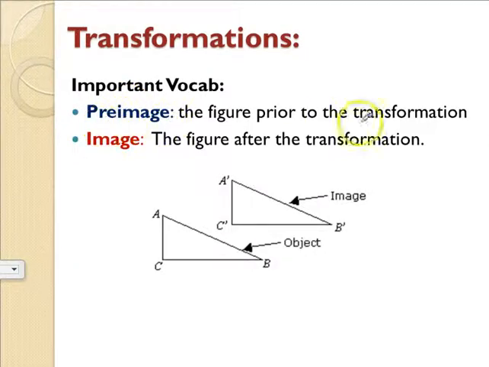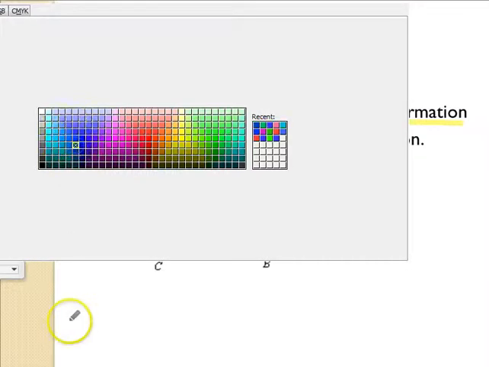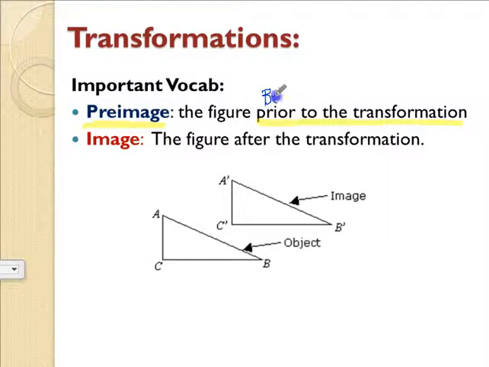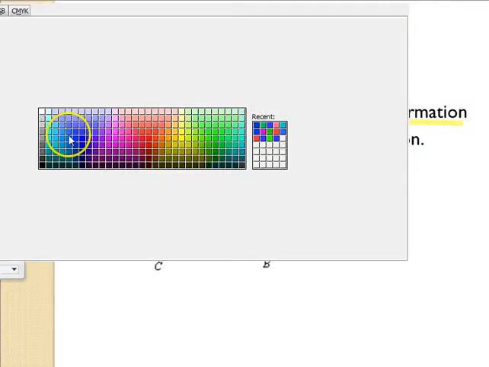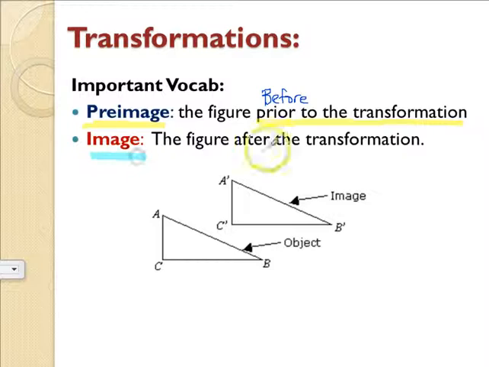That prior to the transformation is going to be your pre-image. So think of your pre-image as before any type of transformation. And then the image is going to be the figure after the transformation. So before, pre-image; after is the image.